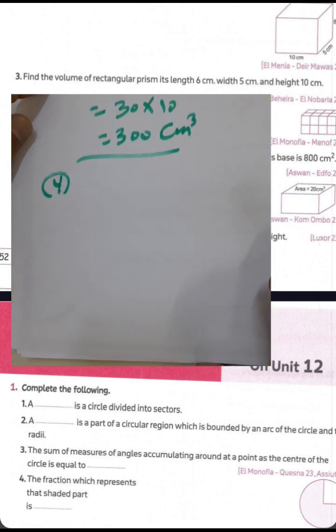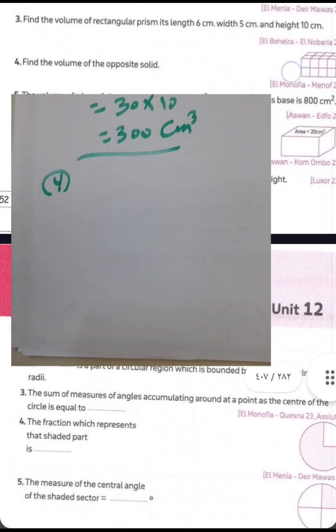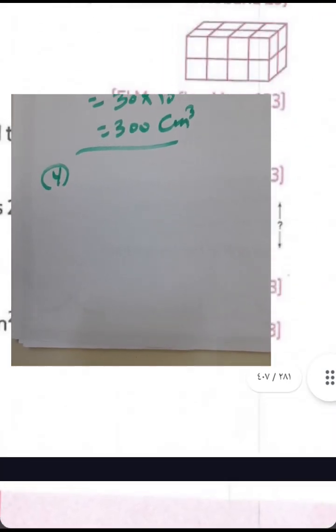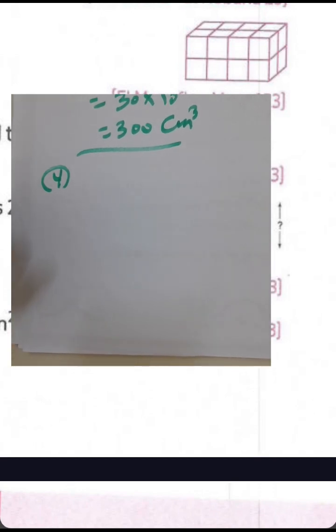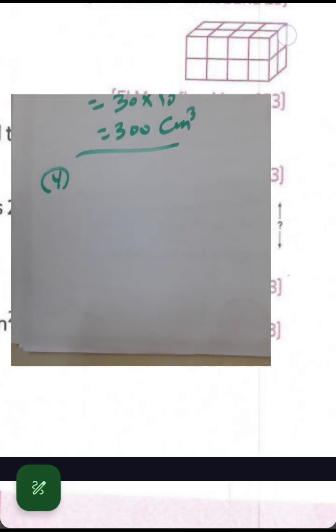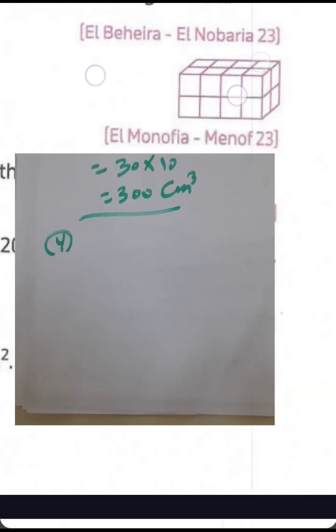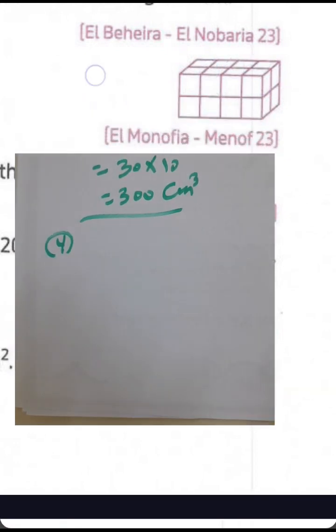Question number 4. Find the volume of the opposite solid here. We can count the number of cubes. Each one contains 2, and we have vertical 1, 2, 3, 4, 5, 6, 7, 8.